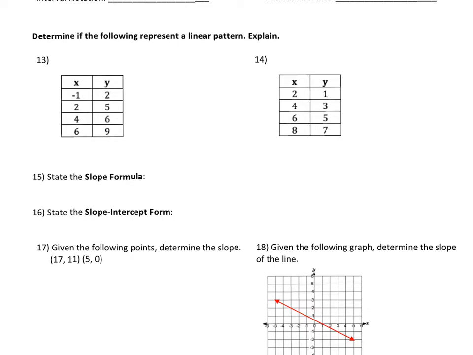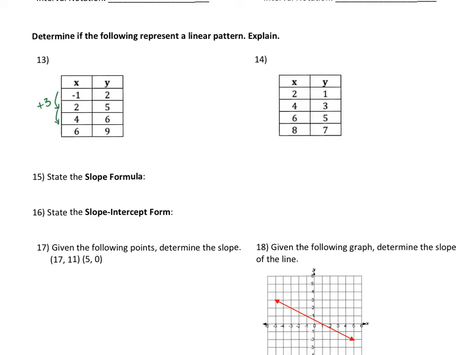So let's look at the pattern. It goes from -1 to 2, so it looks like it's increasing by +3. Let's think about it. If I were to go up from -1 to 2, that's -1, +1, and then 2. So in this case, this would be adding by 3.